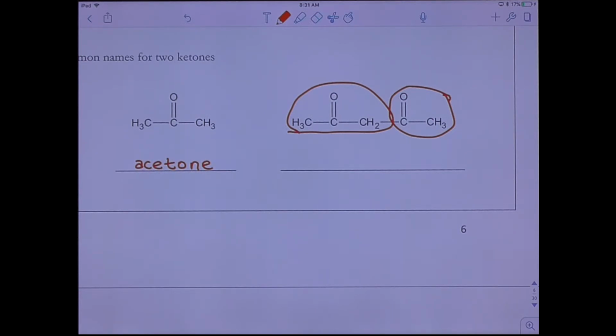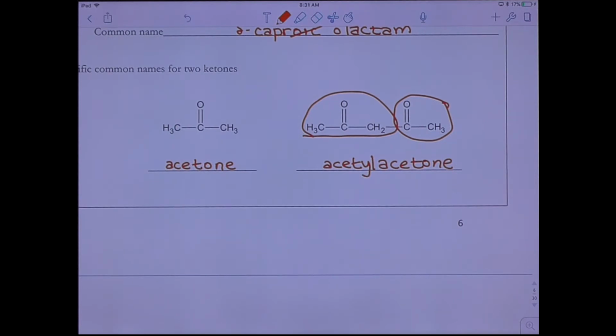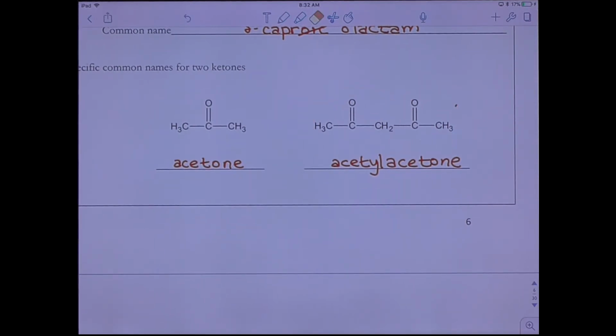So this is acetyl acetone, or sometimes you'll see acetoacetone. Just learn them. I probably should have circled them the other way so that it matches the name below it. There you go.